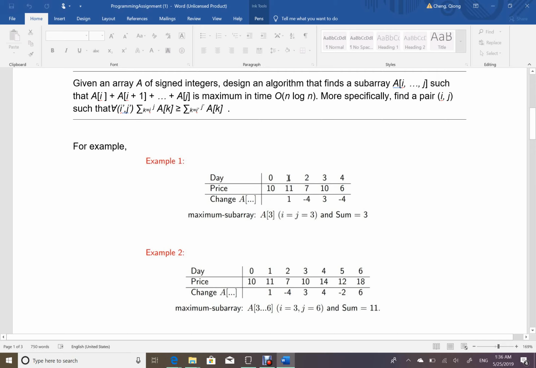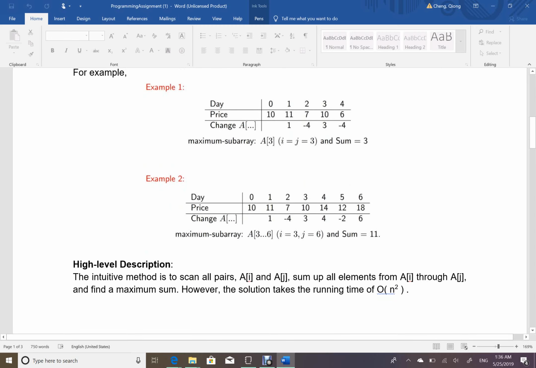The first day compared to the previous day, the price increased 1, and the second day, the price dropped, negative 4. It dropped 4, right? And the third day, the price increased 3. Each number is compared to the previous number. The reason is we want to find the two days where the aggregated price difference is maximized. We care about the price difference, because it corresponds to every previous day.